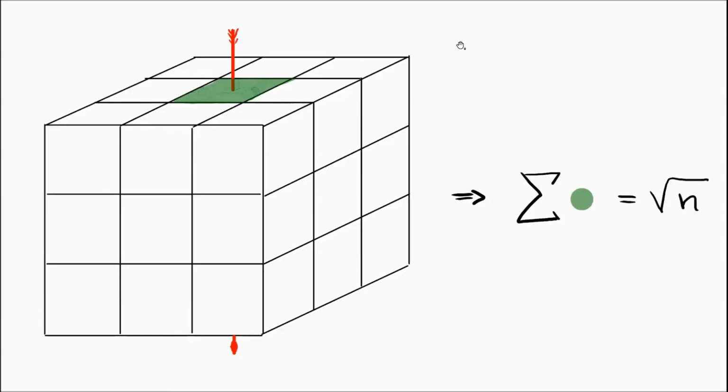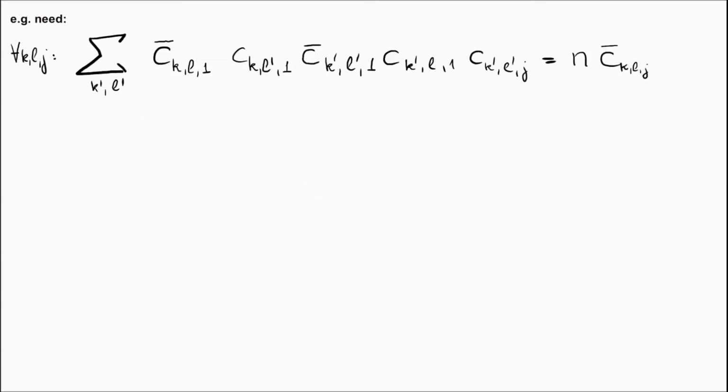I'll show you, not the whole calculation, but things like these huge sums that appear during the calculations. On the left-hand side, you have a summation of 5 different cube elements, some of them conjugated, some of them not.